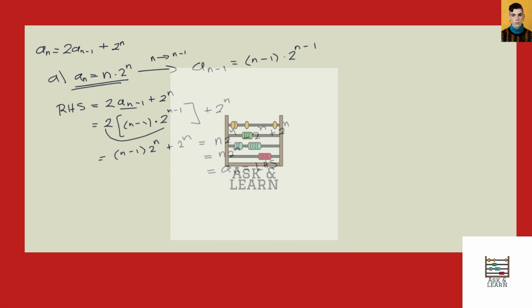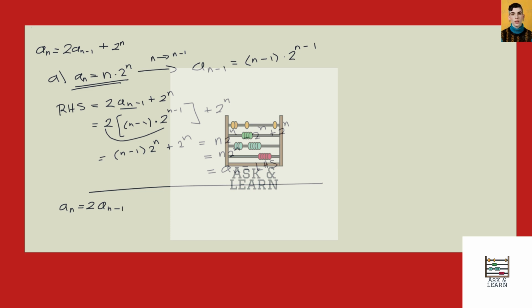To find all solutions to this recurrence relation, we have to solve for the homogeneous part of this equation. Specifically, we solve a_n equals 2a_(n-1), just the homogeneous part.